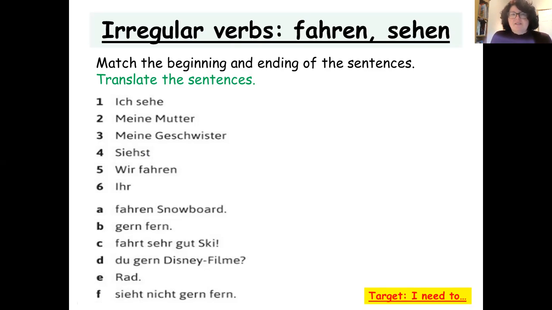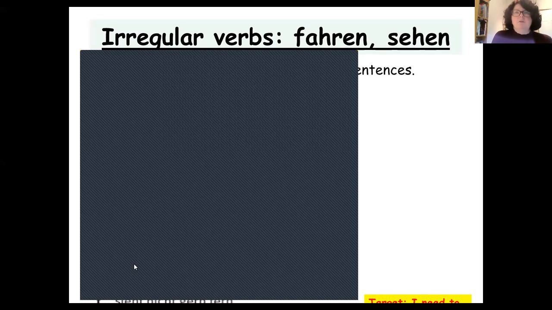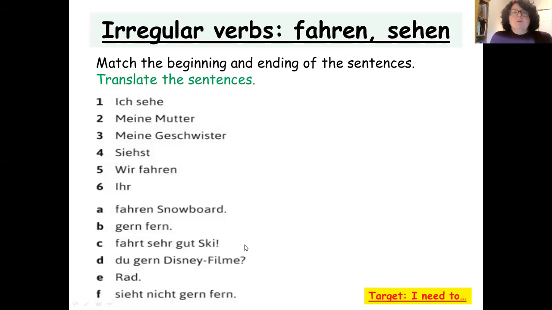So I can skim and scan here and I can see, oh, look, I found a question here. And also I found the pronoun du. Keine Ahnung. So I know the answer to number 4 is, siehst du gern Disney-Filme? Do you like watching Disney films?